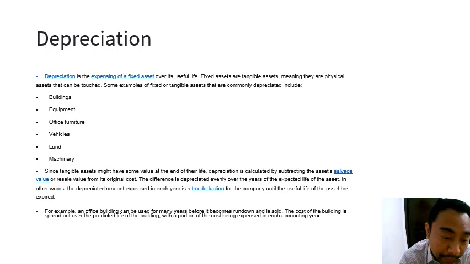In other words, the depreciated amount expensed in each year is a tax deduction for the company until the useful life of the asset has expired. For example, an office building can be used for many years before it becomes rundown and sold. The cost of the building is spread out over the predicted life of the building, with a portion of the cost being expensed in each accounting year.